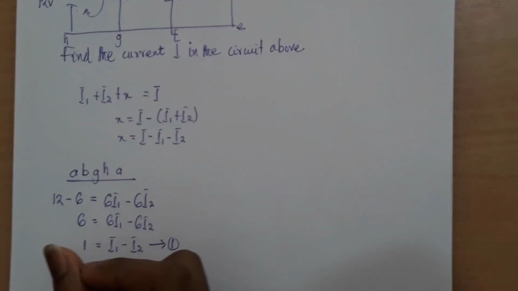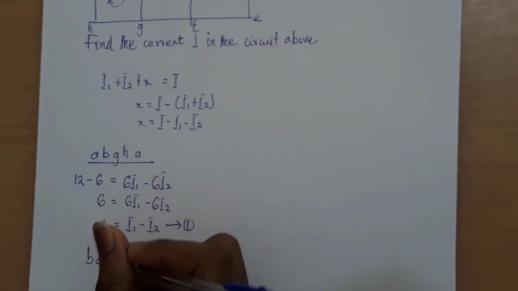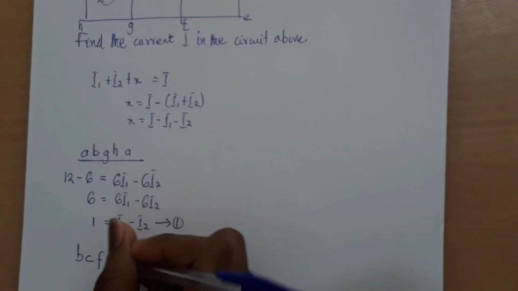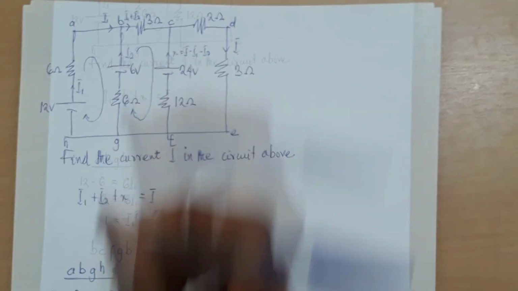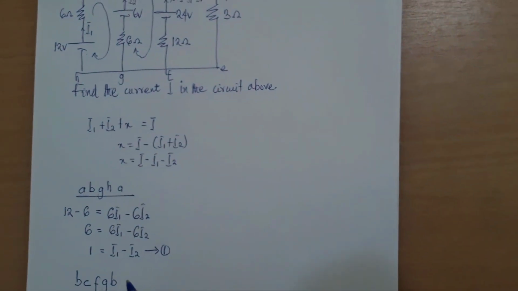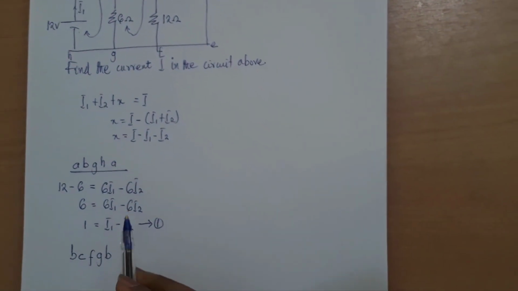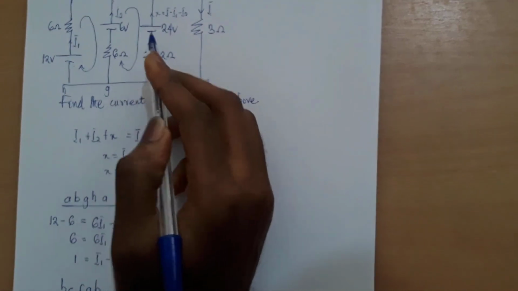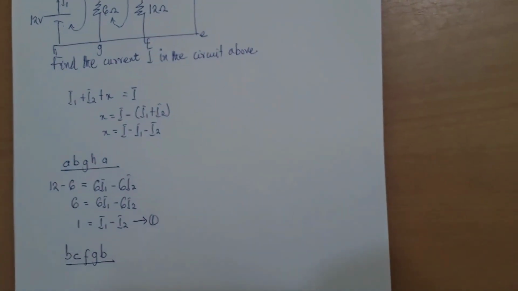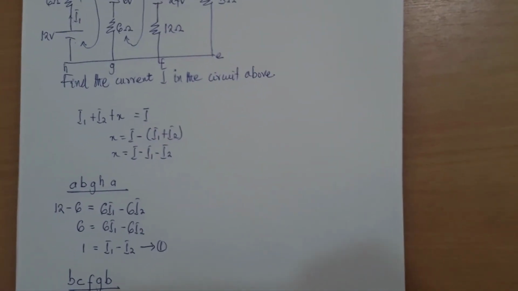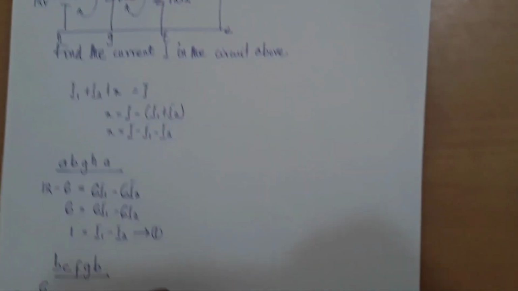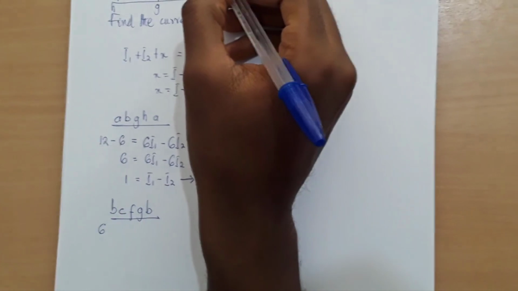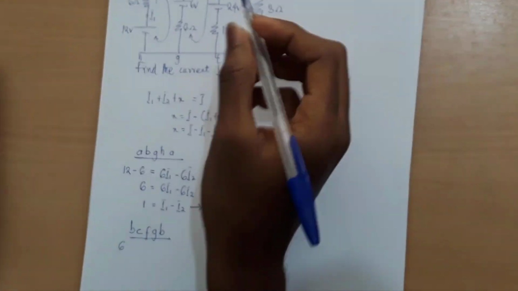Now let's take loop BCFGB. In this loop, again, we are going in a clockwise manner. We shall equate the algebraic sum of our voltage sources to the algebraic sum of our voltage drops. So our first voltage source, as seen in the circuit, is the 6 volt voltage source, and the second is the 24 volt voltage source.